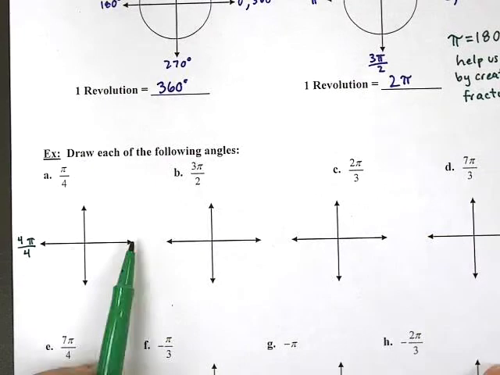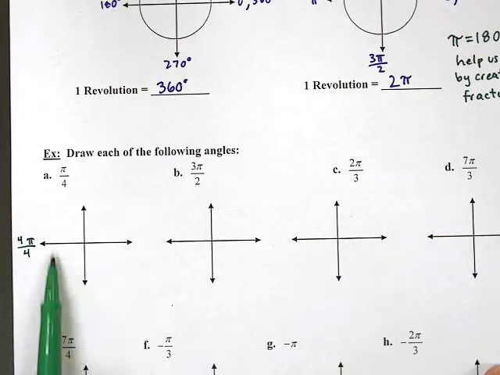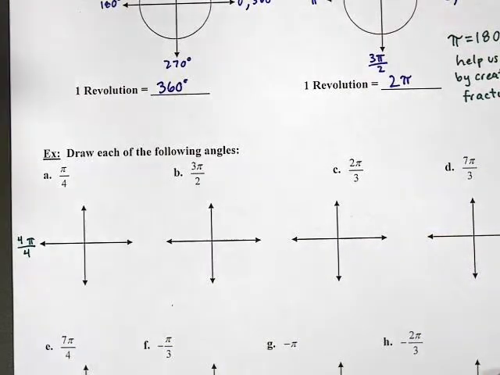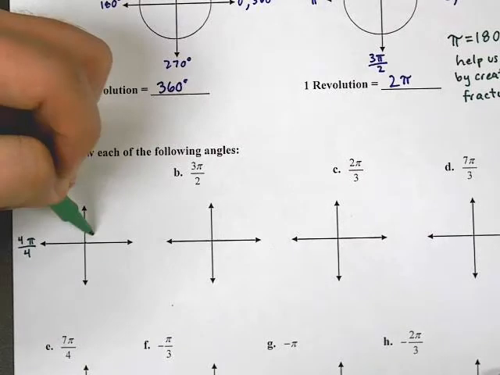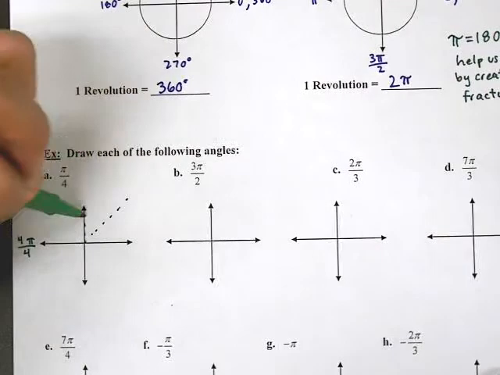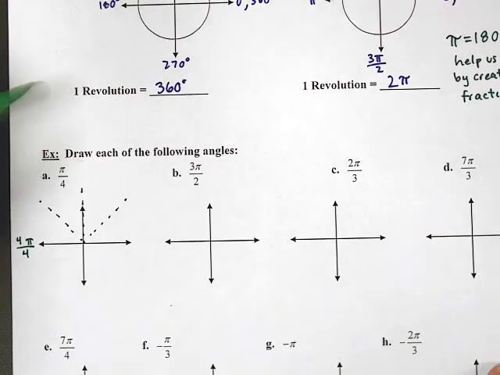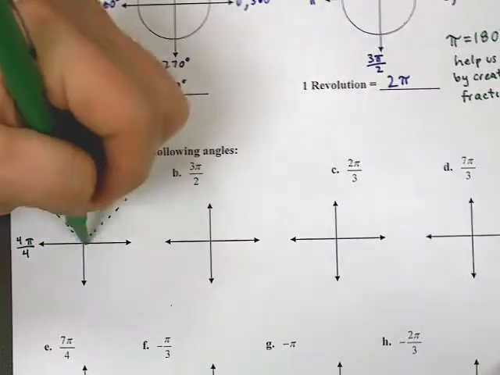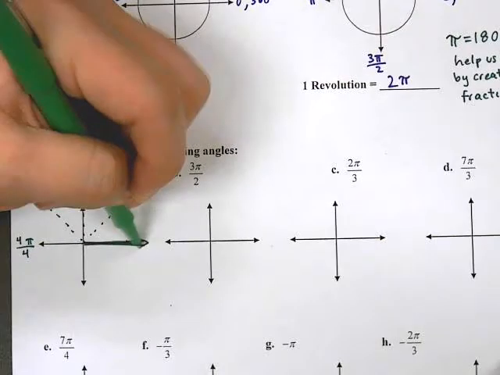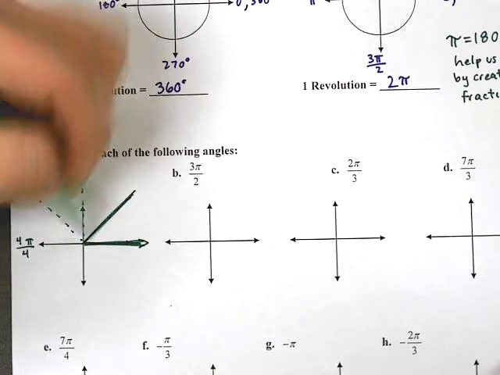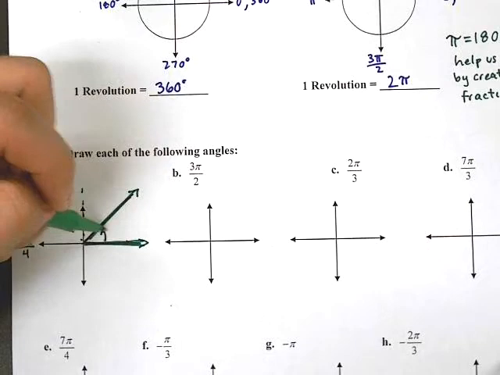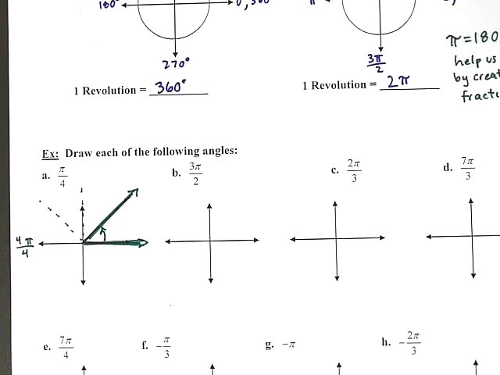So if I need to take this, which I know is 1 pi, and split it into 4 pieces, well, what's the easiest way to do that? Cut it here, cut it here, cut it here, and then you just want 1 pi over 4, which means if this is my initial, then this is my terminal. And I went positive. Okay?